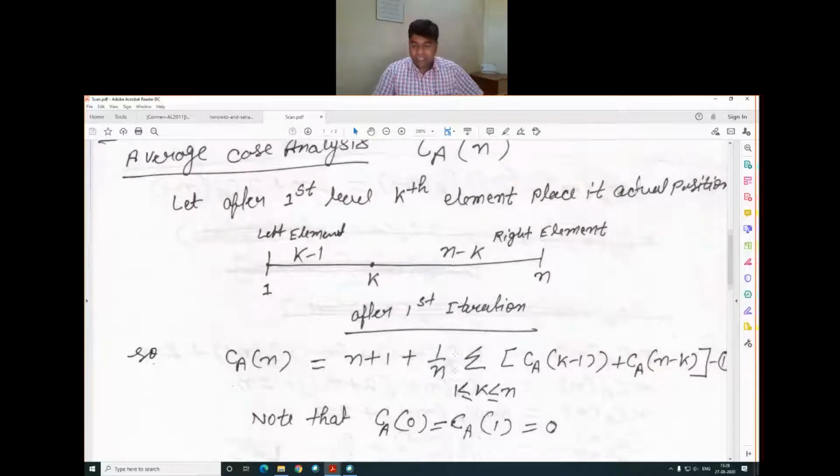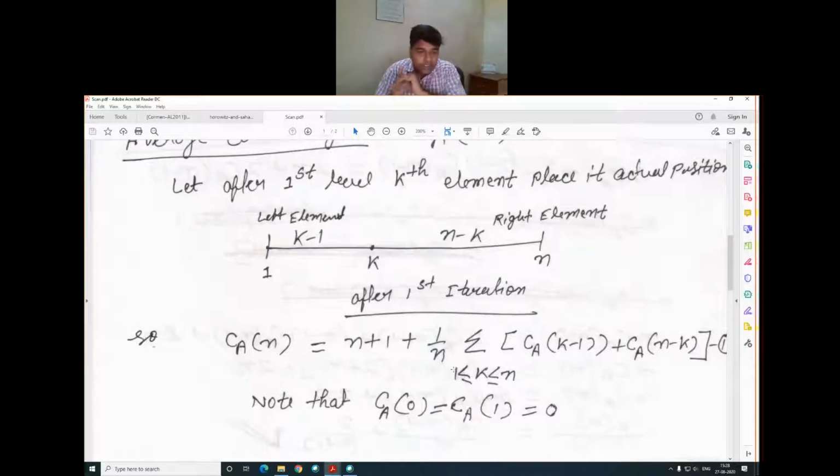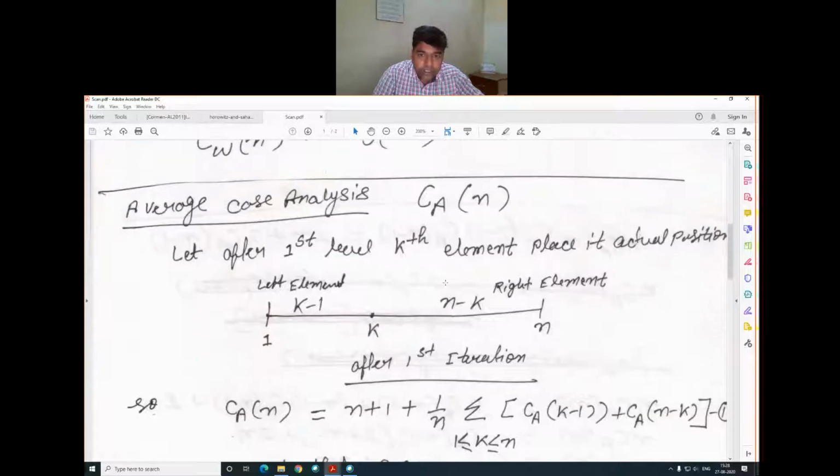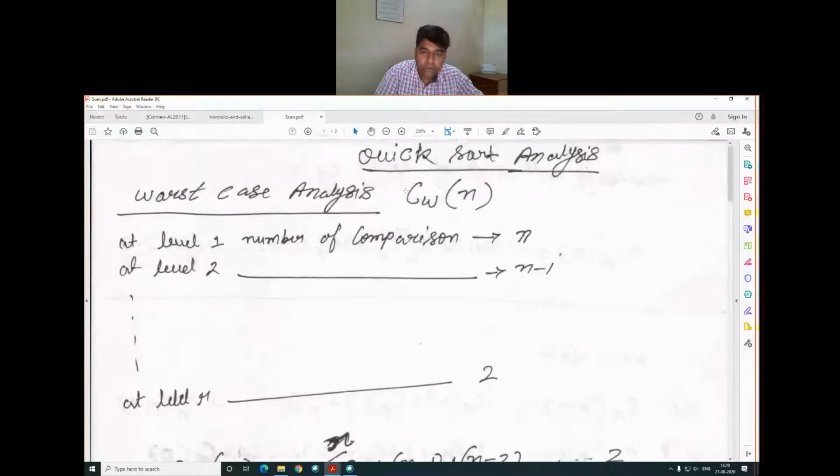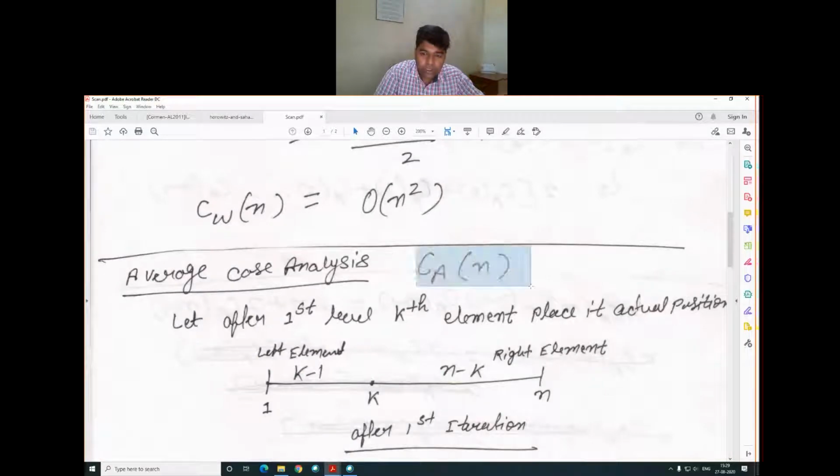This one is the mathematical equation, C A of n. Here n is the total number of elements of the Quicksort algorithm, A means average case analysis and C means complexity. Earlier in the worst case the notation was C W; here we are using C A of n.